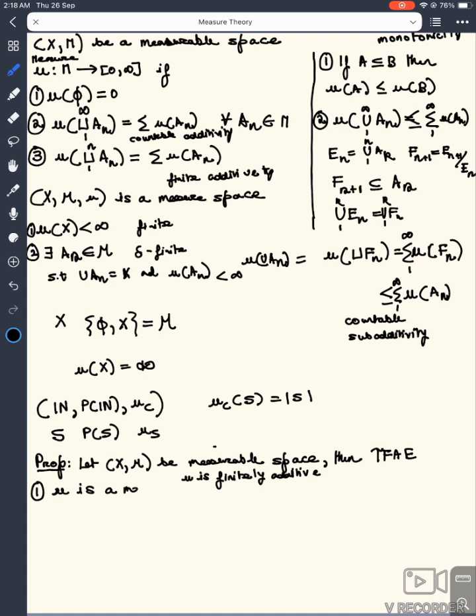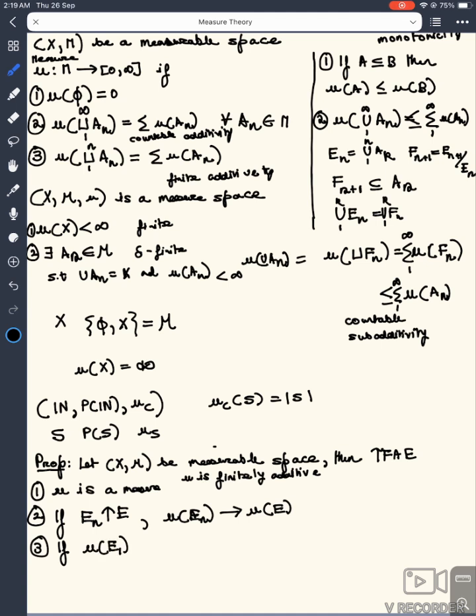So these are equivalent. 1: mu is a measure. 2: if we are given E_n belonging to M so that E_n increases in terms of inclusion, with union E, then mu of E_n converges to mu of E in the extended real numbers. You can give the topology on [0, infinity] as the one point compactification of [0, a], and you don't actually need to worry about sequences converging to infinity.